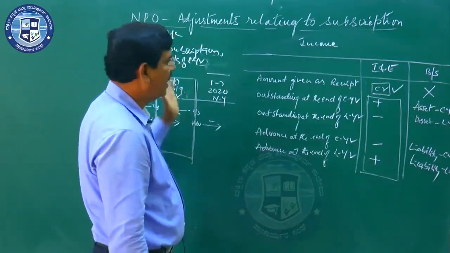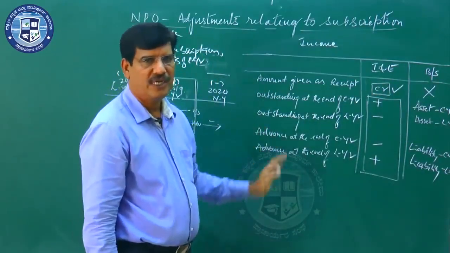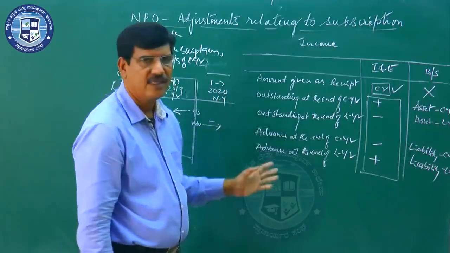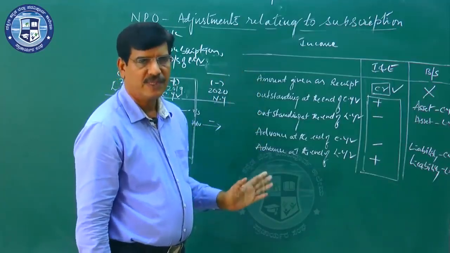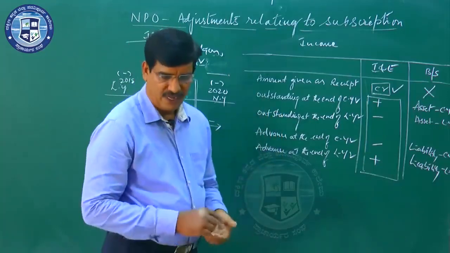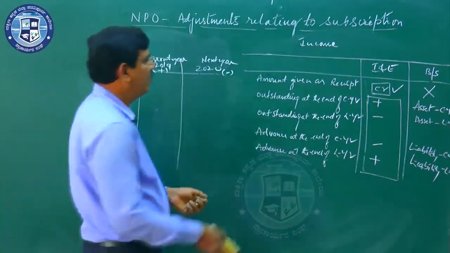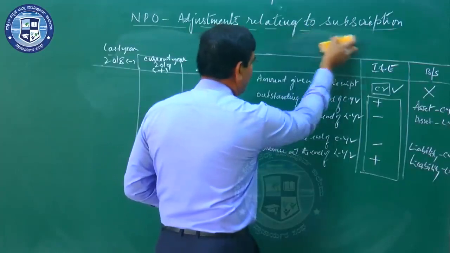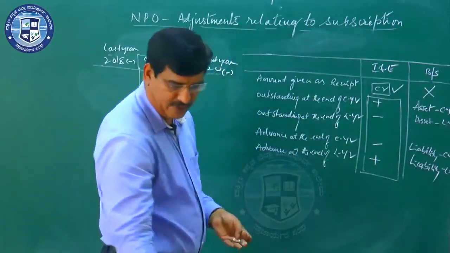So this is the brief idea as to how to treat the outstanding subscriptions or advance subscription while working out the problems from not-for-profit organizations. Now let's see how to do the adjustments relating to expenses.